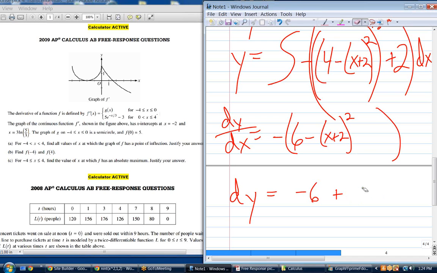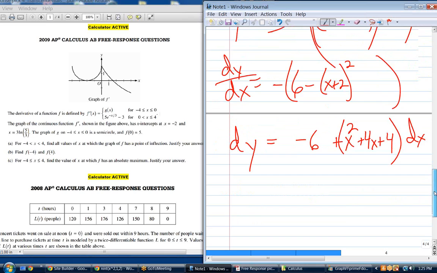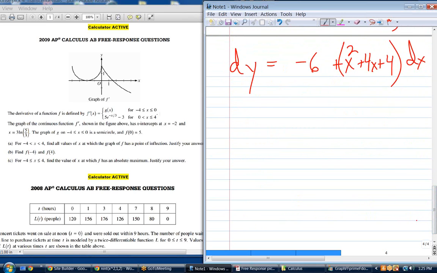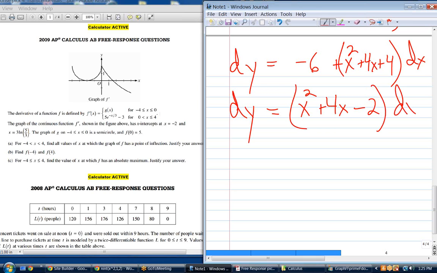Let's square that. So we get x squared plus 4x plus 4, and I am subtracting that whole thing, and this is all dx. You see where we're going with this? We're going to actually be able to solve this by hand. It looks like, if I'm not mistaken, that dy equals x squared plus 4x minus 2 dx.